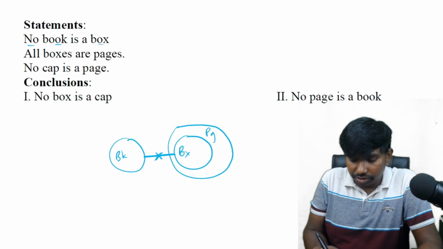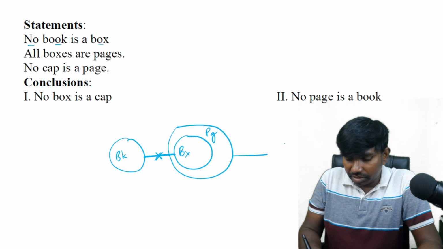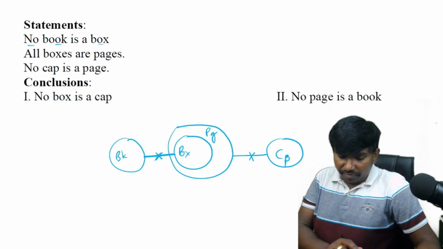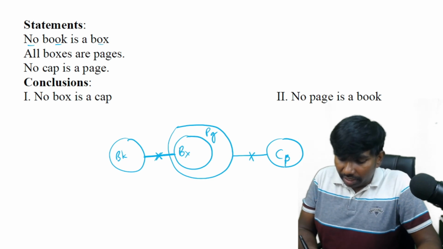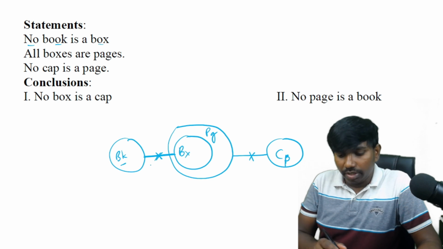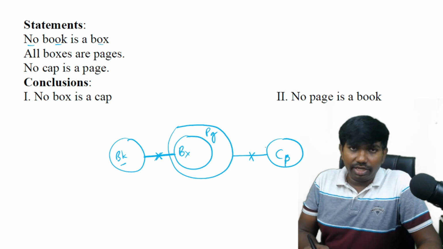This is page. Next, no cap is page. There should be no intersection between cap and page in any possibility again. They should never intersect. Tell me from the diagram, can cap intersect with book? Yes, it can intersect with book. Can cap intersect with box? Actually, yes, sir.